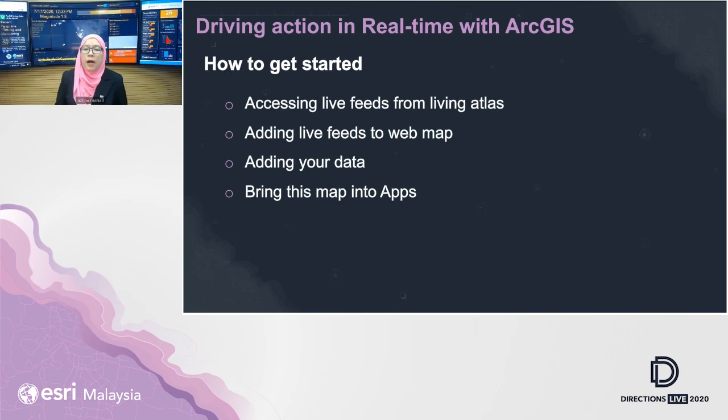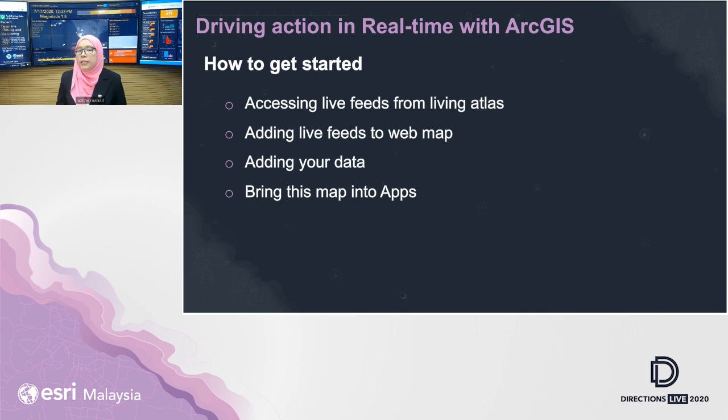Now let's talk about how we can actually drive action. Using information from our environment, such as from a GIS server or joint events, or information coming from other stakeholders, at the same time you can use the live feed from living assets.